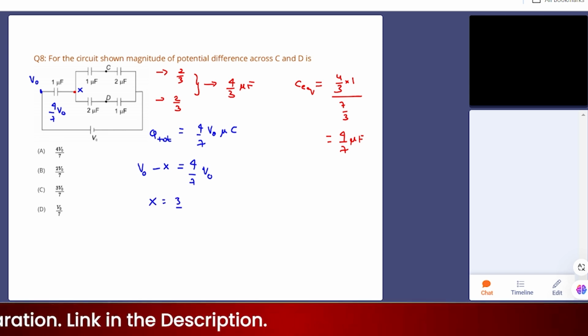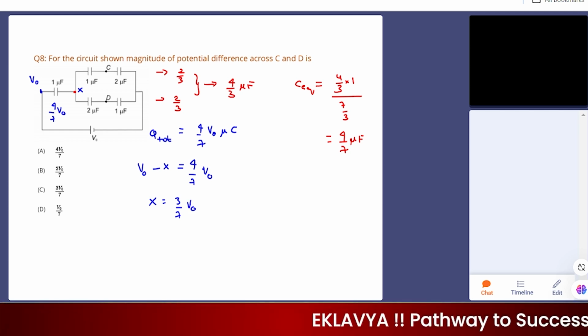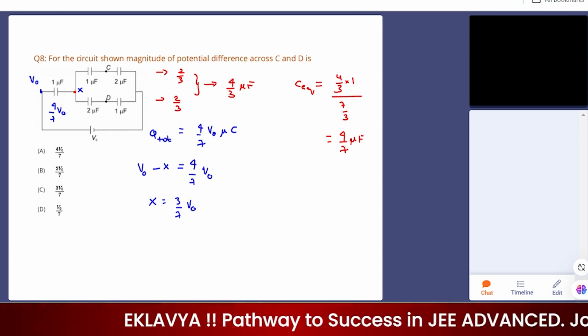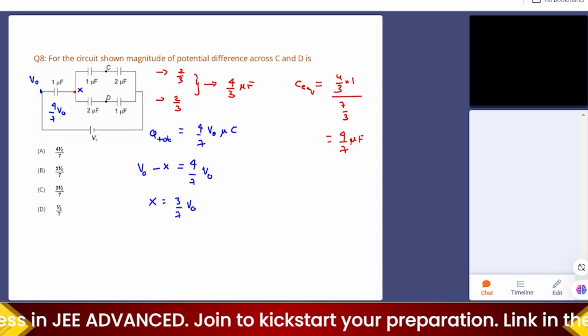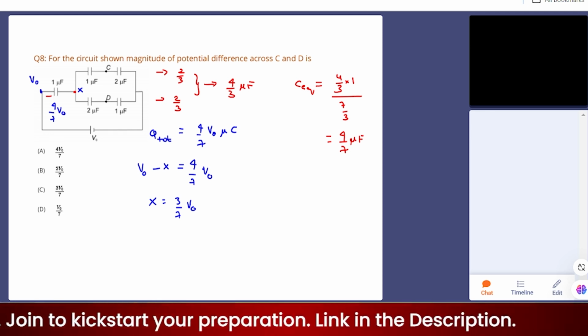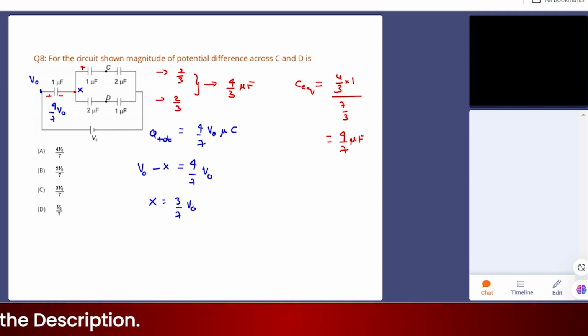V naught minus 4 by 7 V naught. That will be 3 by 7 V naught. Okay, 3 by 7 V naught. Now what I will do is, I will start from VC. I will go across. So let's mark the potentials also. This is the positive terminal, this must become negative, and these both must be positive on the other side.